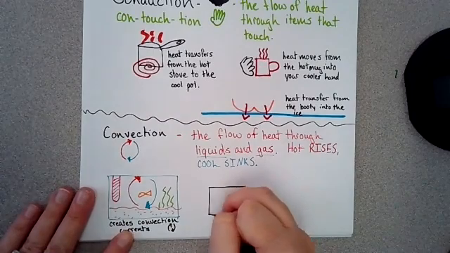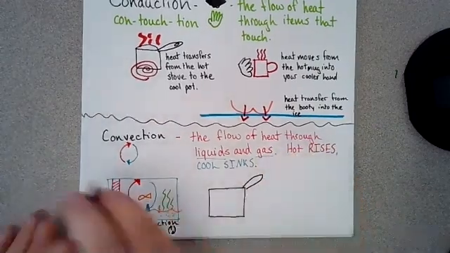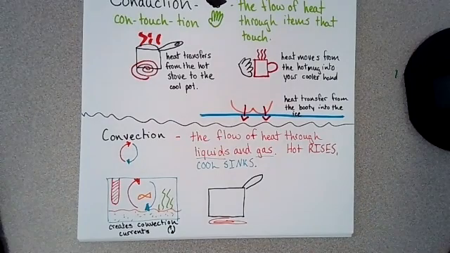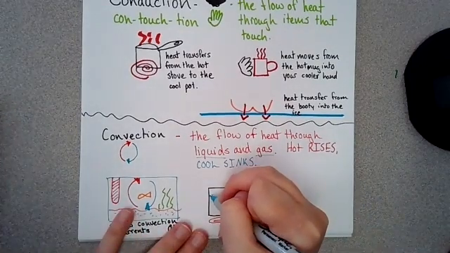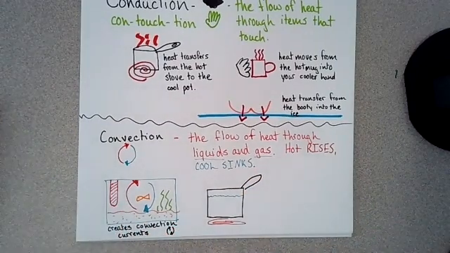Sorry about that. Okay, so this is another pot. And yes, this one is on a stove as well, but we want to talk about what's happening inside the pot. Inside the pot, you've got water in here, and we're going to talk about how it heats.